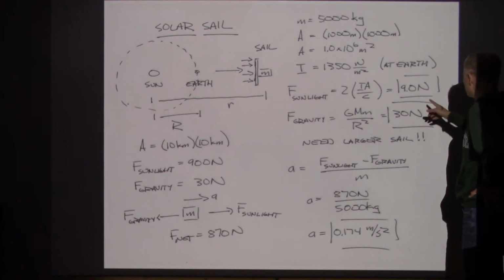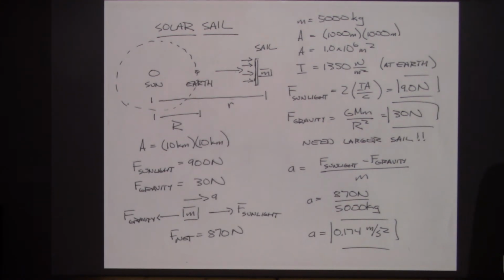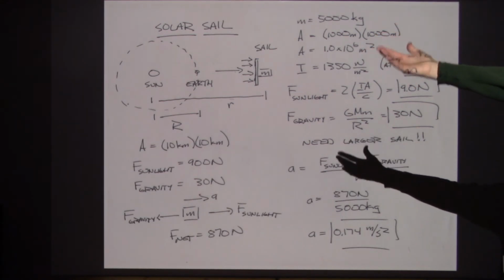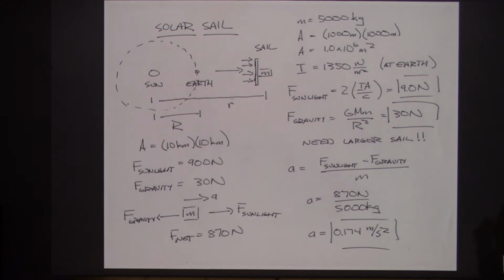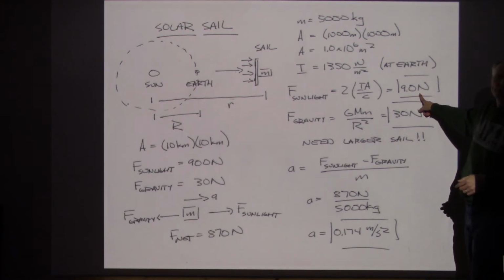When I put all those numbers in, this was pretty discouraging. So if I have a solar sail that is 1 kilometer by 1 kilometer, that's big, right? And I turn it and face the sun, and it's perfectly reflective. I am only getting 9 newtons of force.